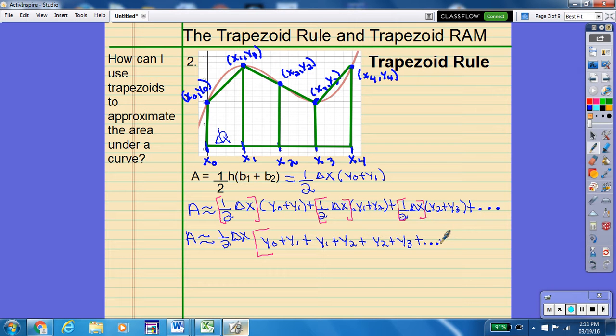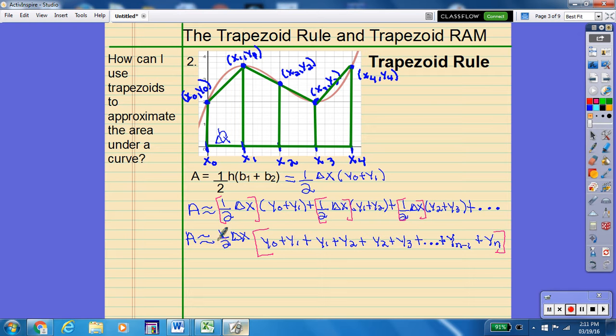And we're going to say that if we drew n number of rectangles, the one right before would be y sub n minus 1 plus y sub n.